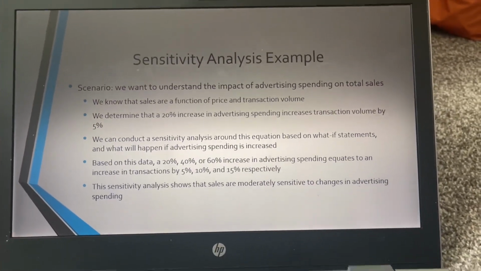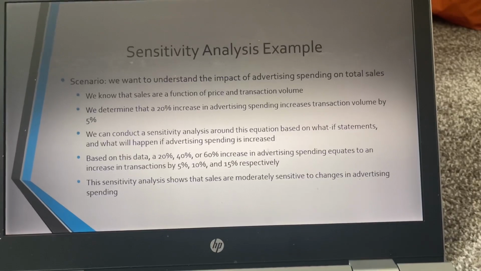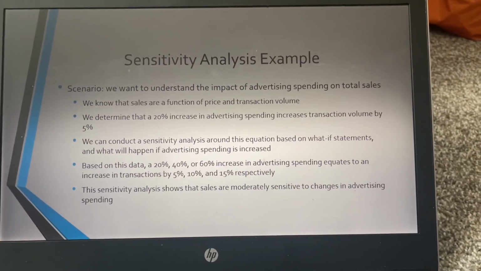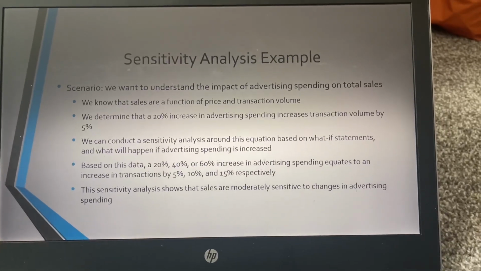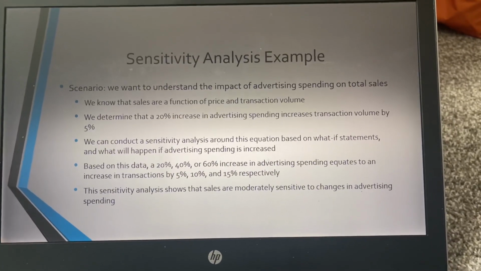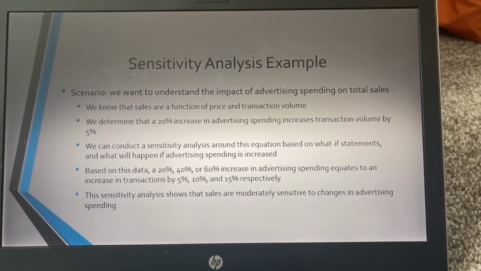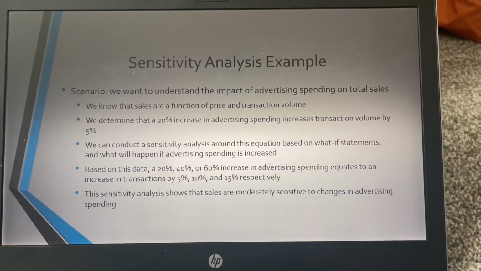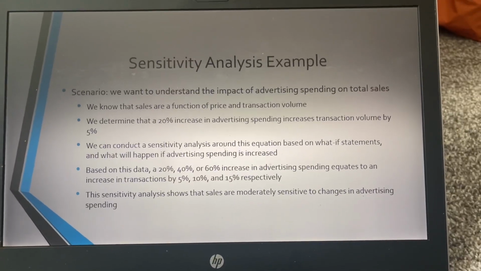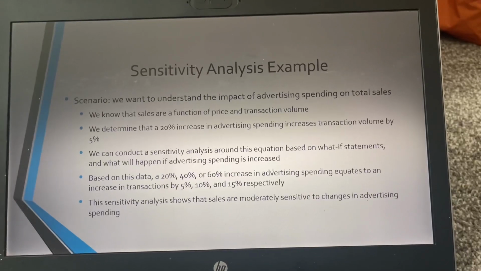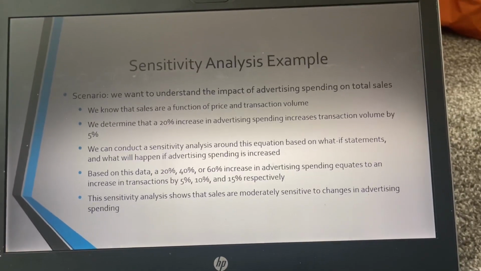So this is just an example of a sensitivity analysis. For this scenario, let's say that we want to understand the impact of advertising spending on total sales. So we know that sales are a function of price and transaction volume. And let's say that we determine that a 20% increase in advertising spending increases transaction volume by 5%. So we can conduct a sensitivity analysis around this equation based on what-if statements and what will happen if we increase advertising spending.